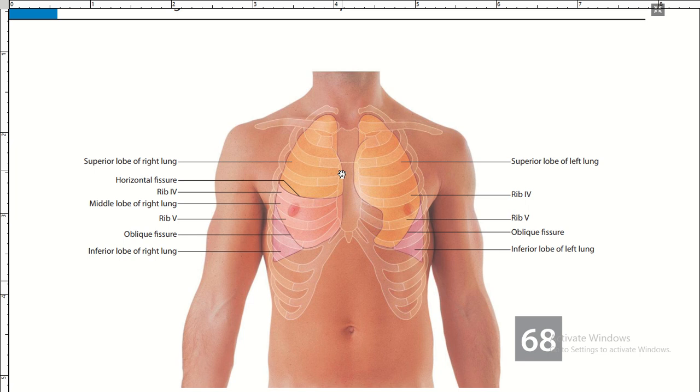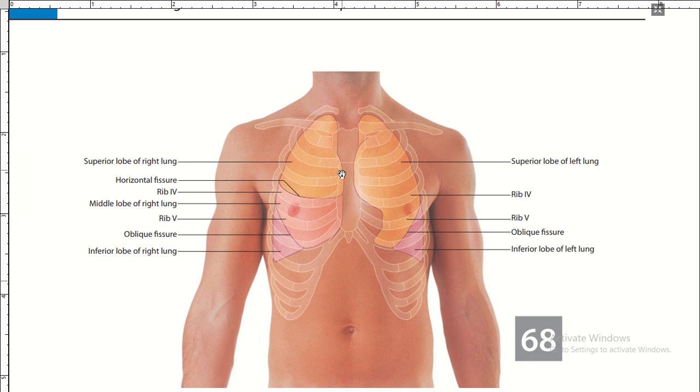But in deep inspiration, you're now having the help of other muscles that take part in the elevation of your thorax or thoracic cavity.